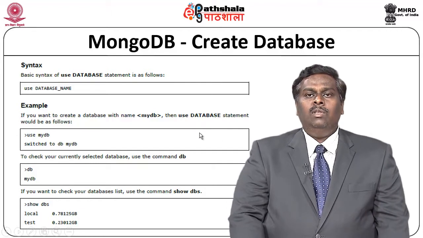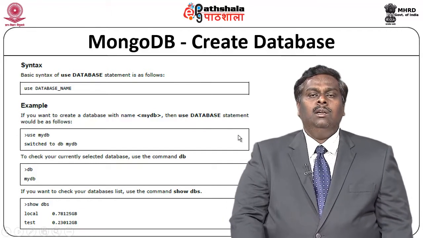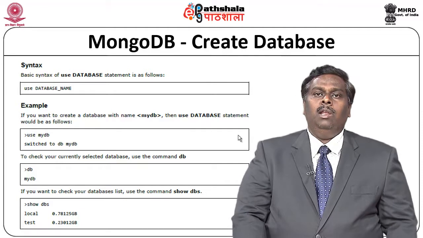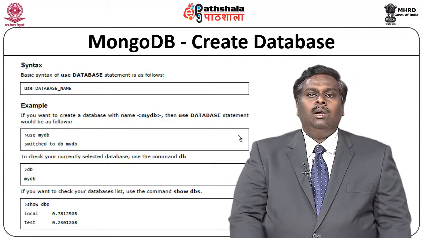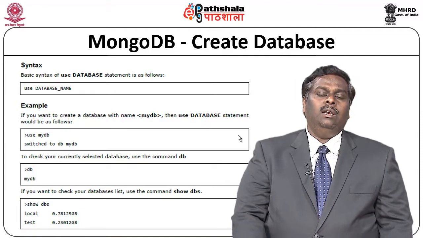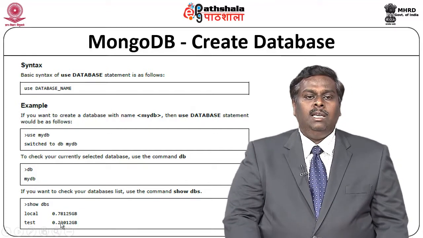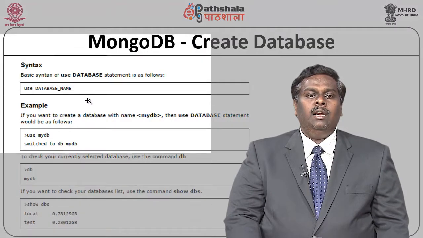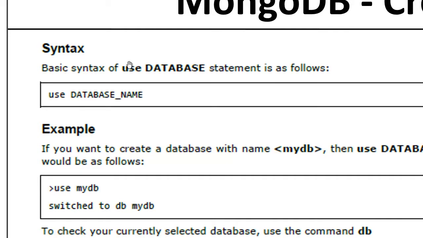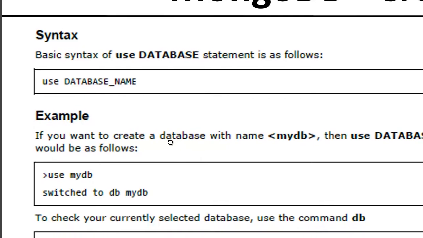The rest of the slides will be dedicated towards fundamental MongoDB queries used for creating databases, updating the databases, etc. The basic syntax for creating a database is the use database statement: use space database_name, where the name indicates the name of the database which you have created.